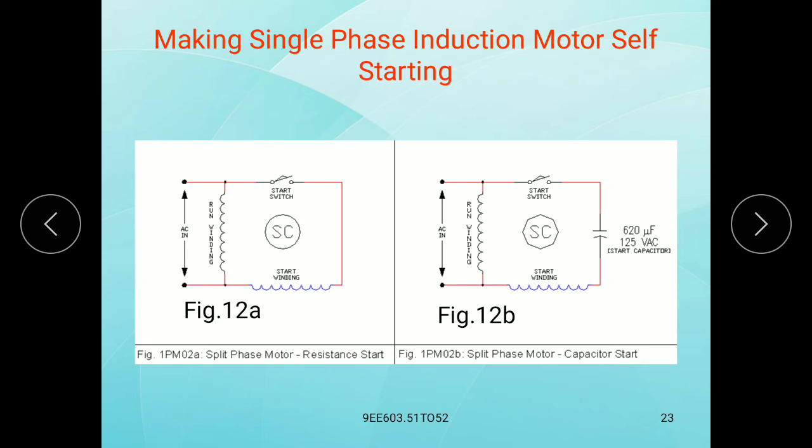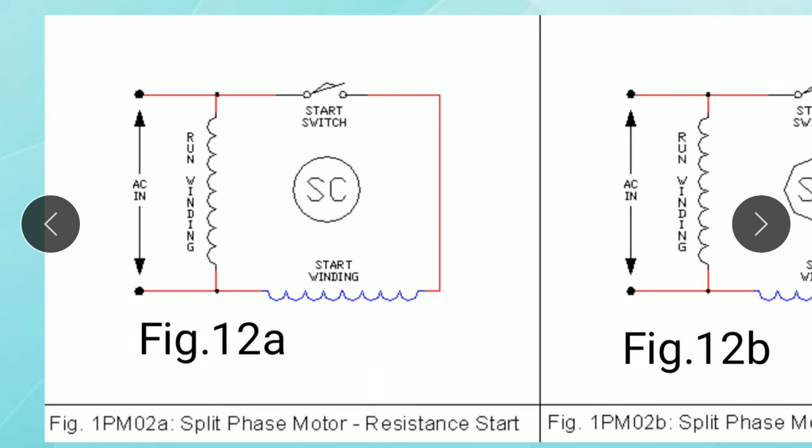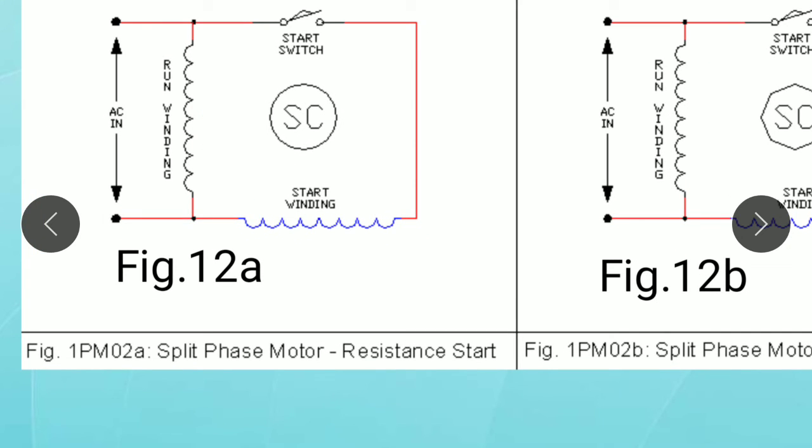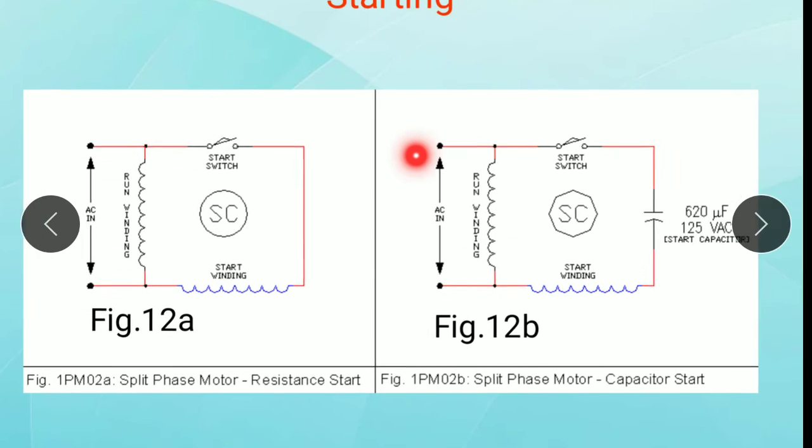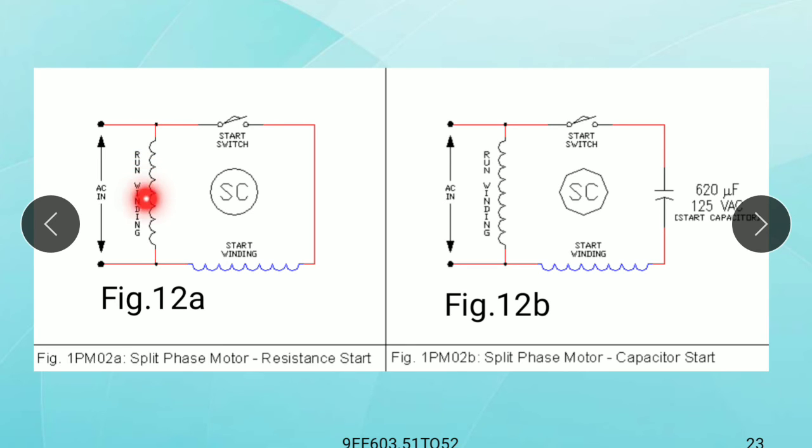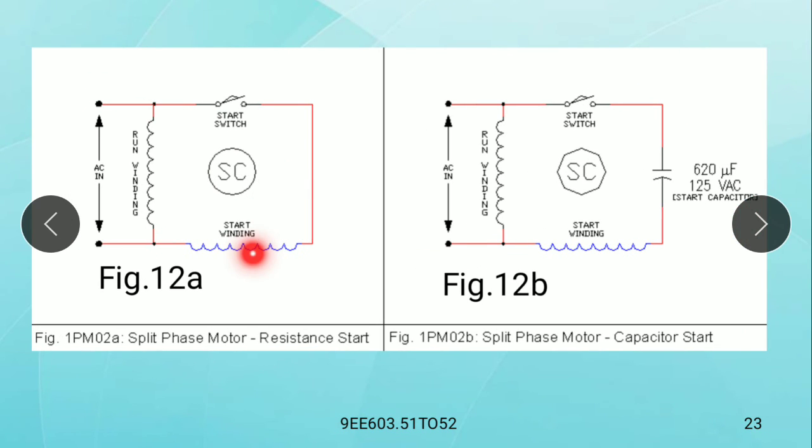See here, making the single phase induction motor self starting. This is the starting winding and this is the running winding. In addition, to connect the starting winding, this is the start switch.